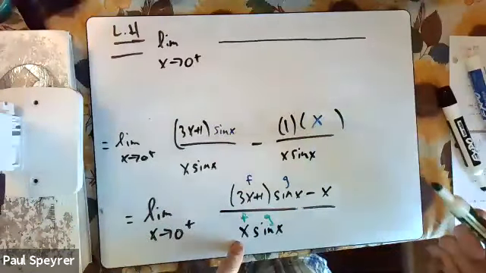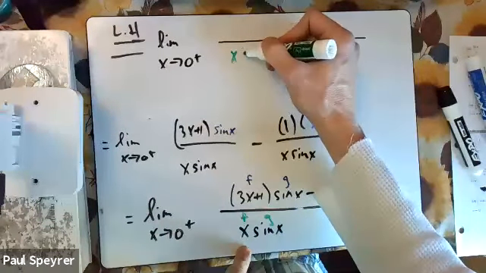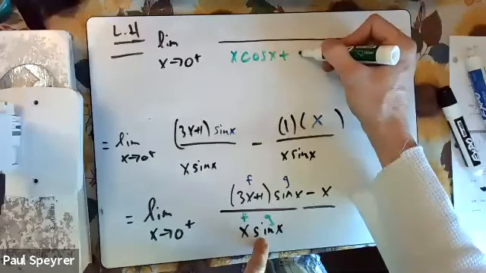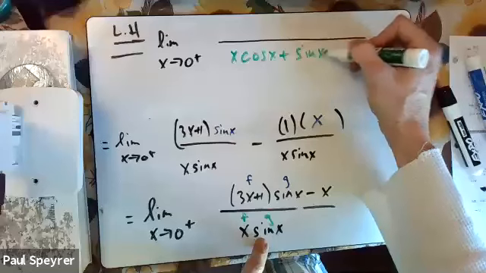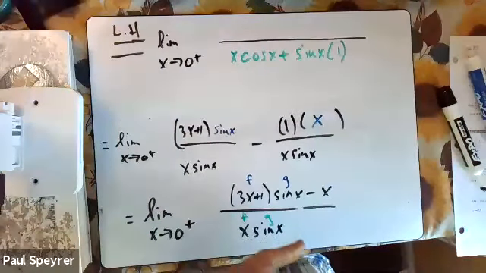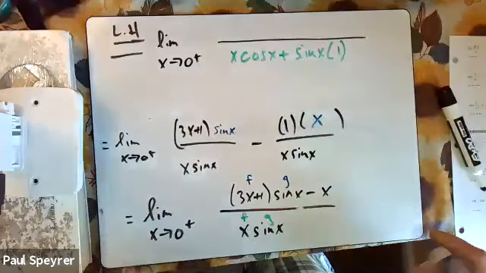It really doesn't matter. F times g prime, that's x times cosine of x, plus g f prime, sine of x times f prime, which is 1. Up top, remember, f is that whole 3x plus 1 expression.